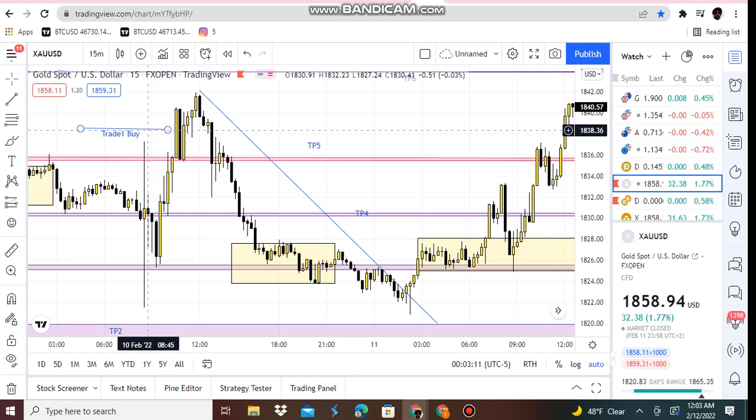Entries, where you enter at and what lot size you use will determine how much money you'll make in this market.